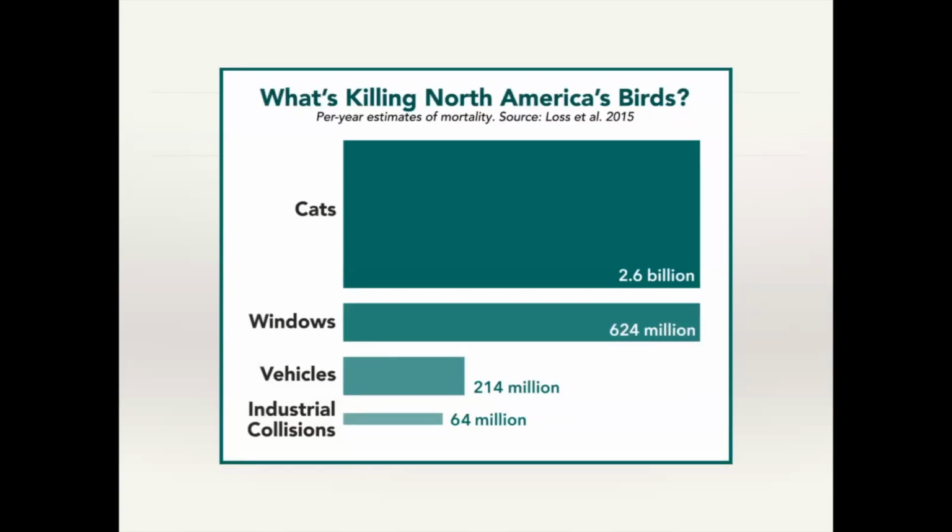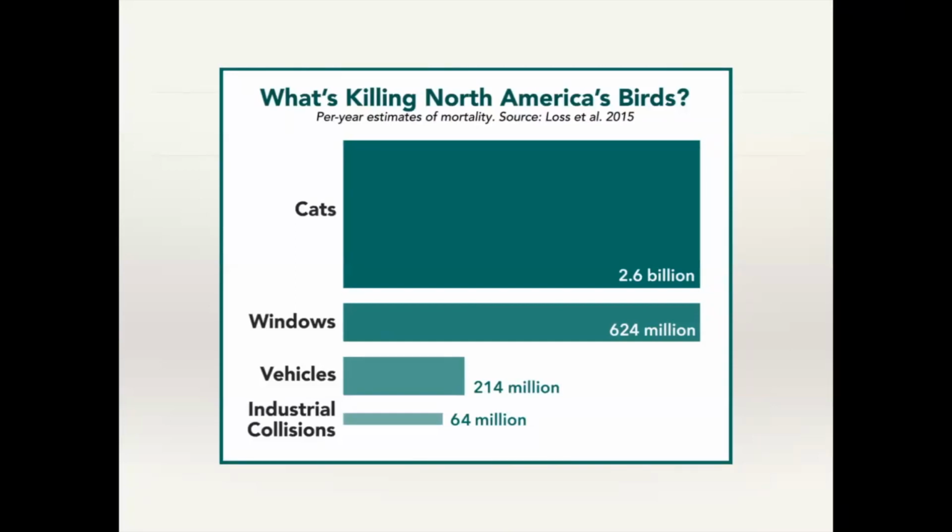So cats, 2.6 billion. We can talk about that later if folks want to, but window collisions are second. Approximately 620 million birds per year are killed in North America by colliding with windows. These are huge numbers, and they are taking major tolls on our bird populations.